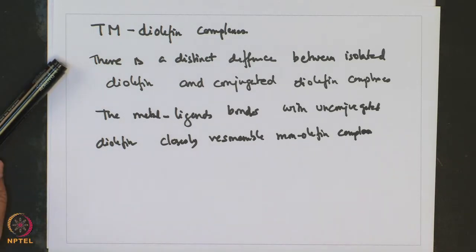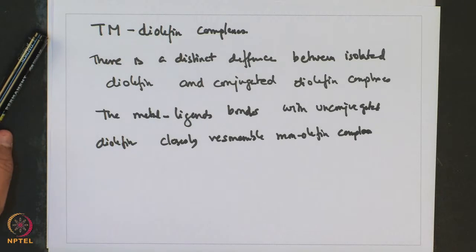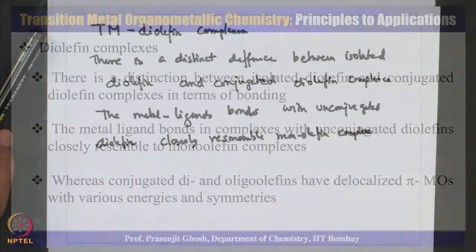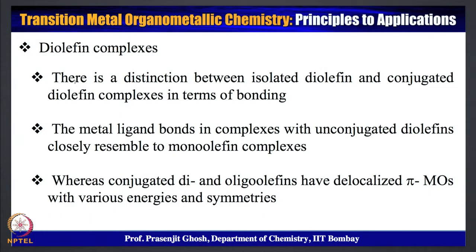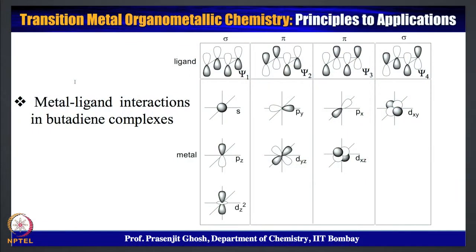So, structurally, it says that not only energetically, but also structurally there is a change that is brought in with the existence of conjugation on going from mono-olefin to di-olefin to oligo-olefin complexes. Now, with that in mind, let us take a look at how these di-olefinic complexes bind to the transition metal.